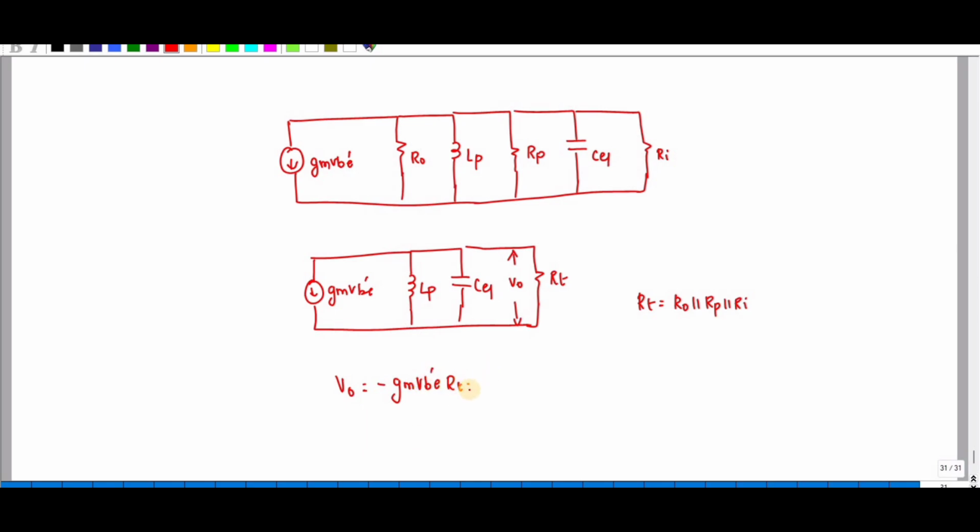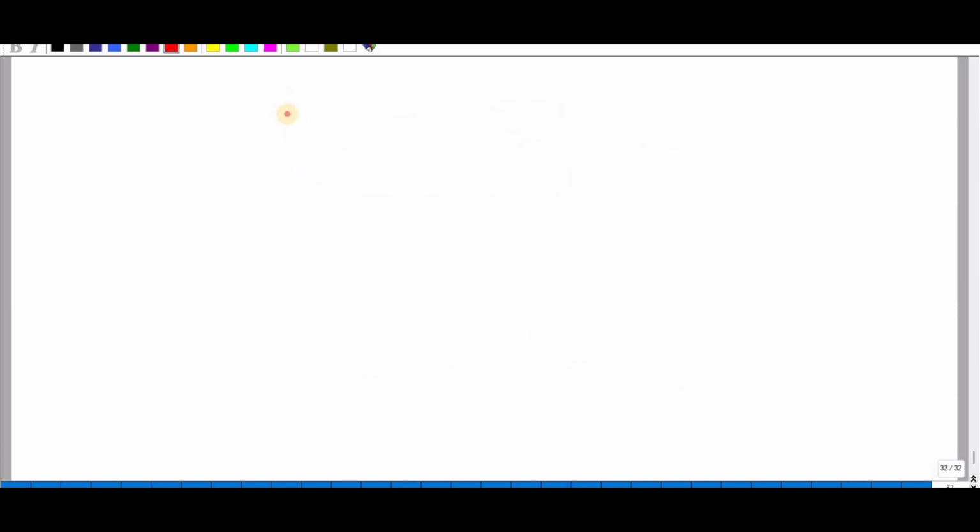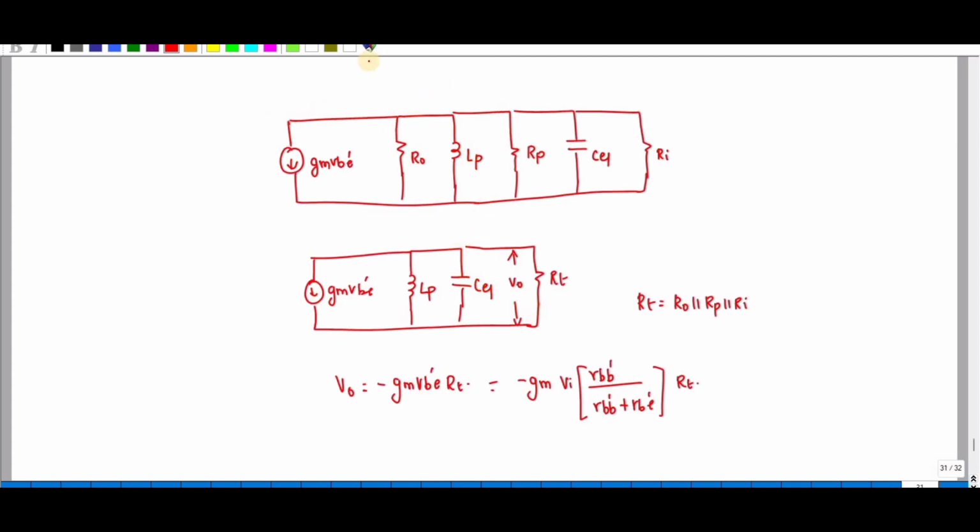From this equation I can write VBE as RBE dash divided by RBB plus RBE dash into Vi. So my V0 by Vi, that is AV, is equal to minus GM RBE dash divided by RBE dash plus RBB into Z.